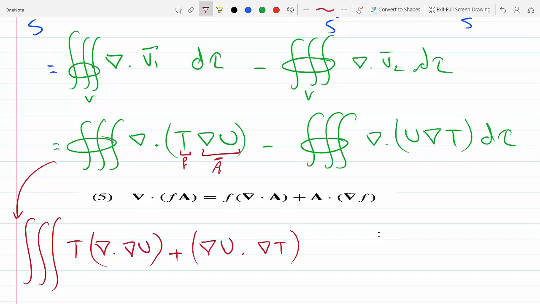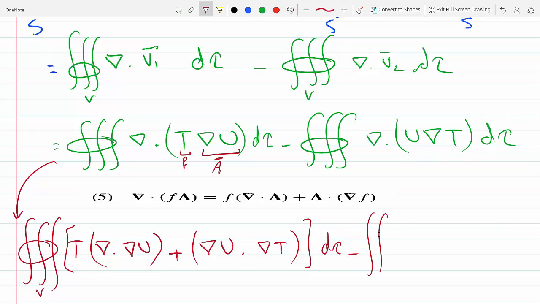Okay, and we forgot the d tau here, so there's a d tau, and then this whole thing is d tau. We can do the same exact thing on the other one.